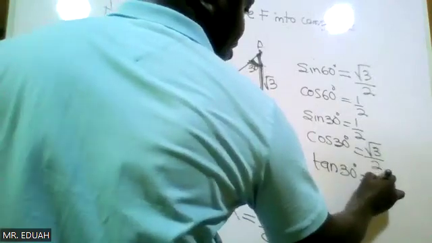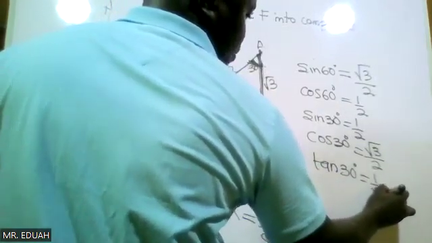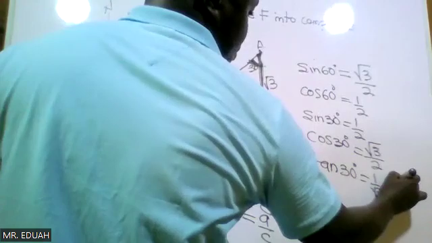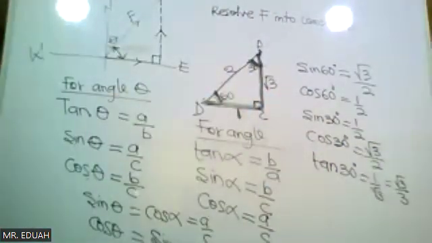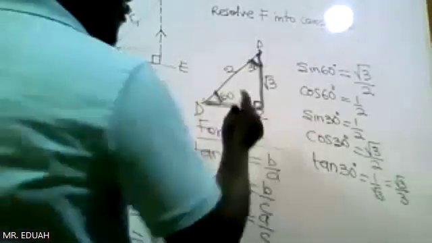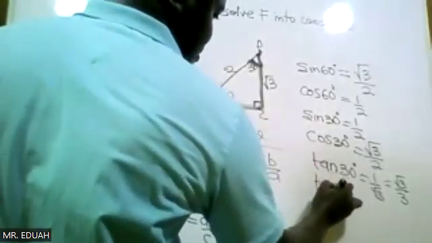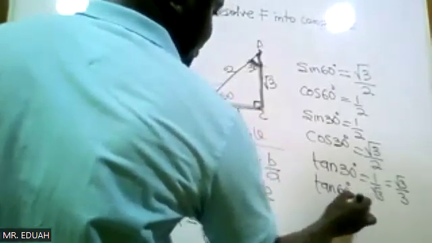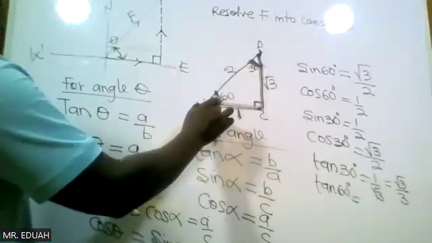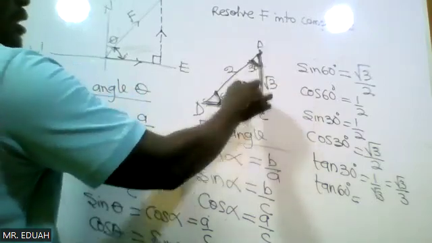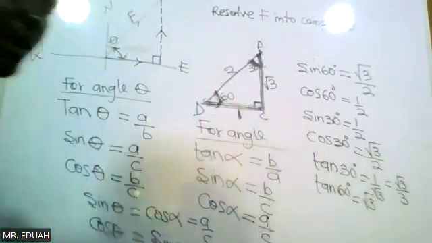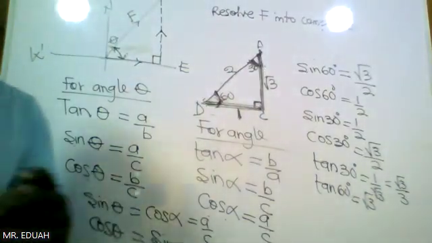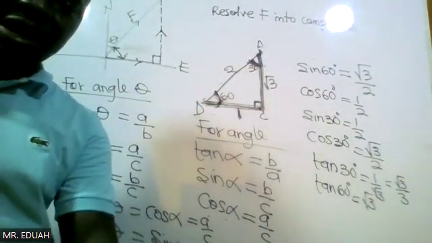So 1 on root 3, which is also equal to root 3 on 3. If I want tan 60, for 60, there's the opposite, there's the adjacent. So when you understand this, if I need those values, I can tell you without using a calculator.